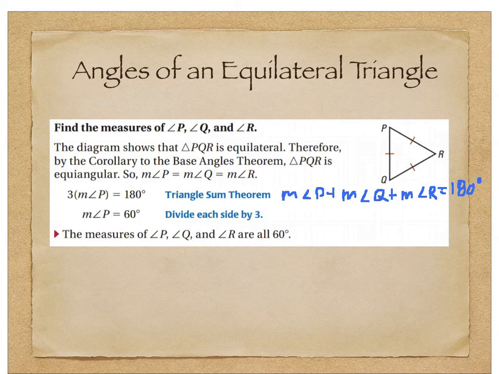Remember that? So we're just going to take out Q and put in P, and then we're going to take out R and put in P. And now we've got three measures of angle P.